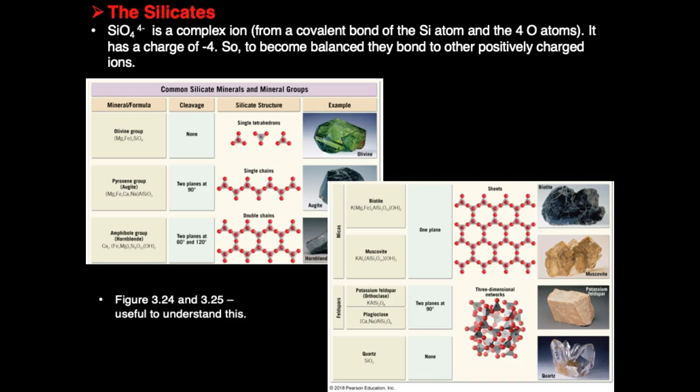Another thing to keep in mind is that atoms of similar size can substitute freely for one another without necessarily altering the mineral structure. For example, in olivine, iron and magnesium substitute for each other all of the time.